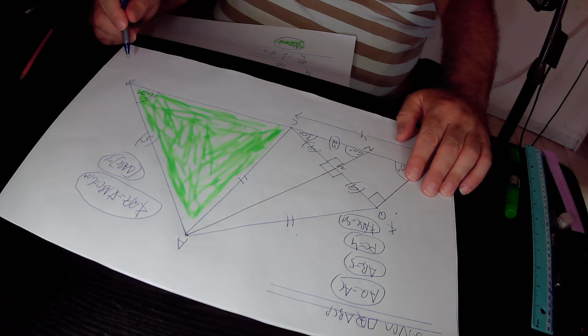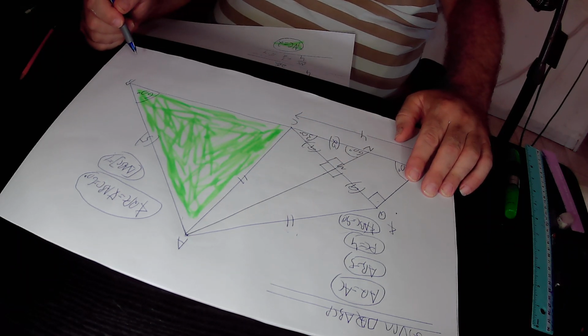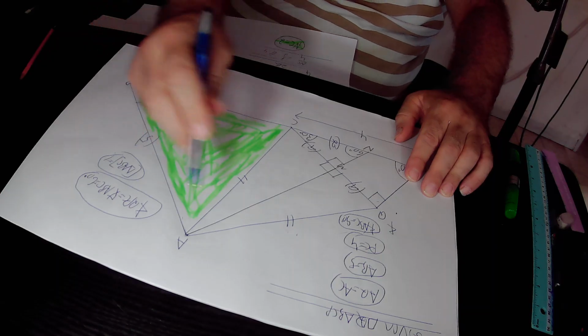In the next step, I'll copy the big triangle ANB, and on this page we will analyze it.